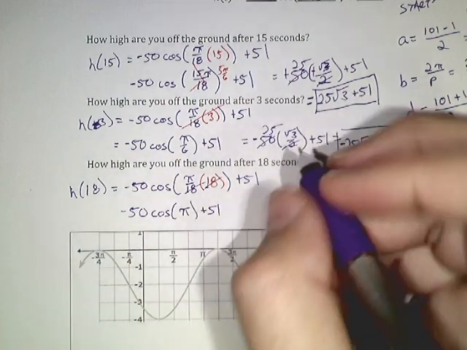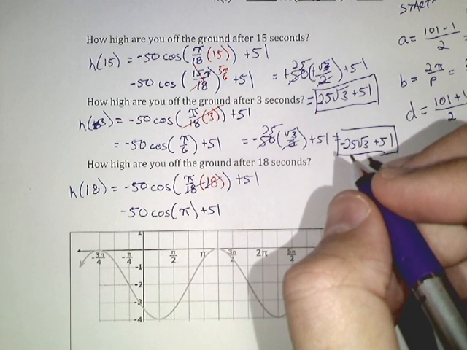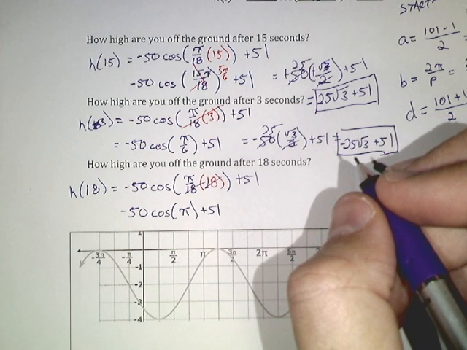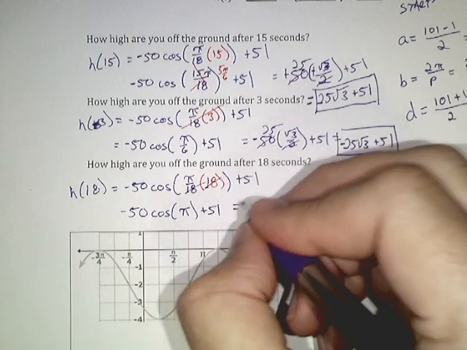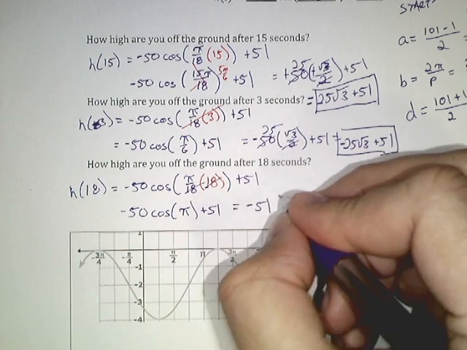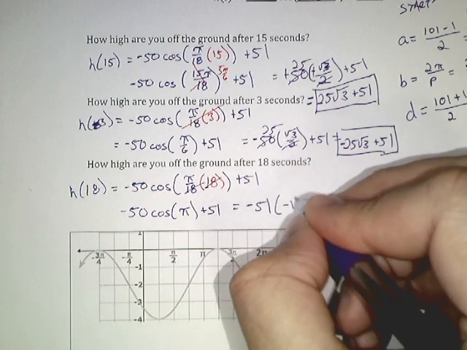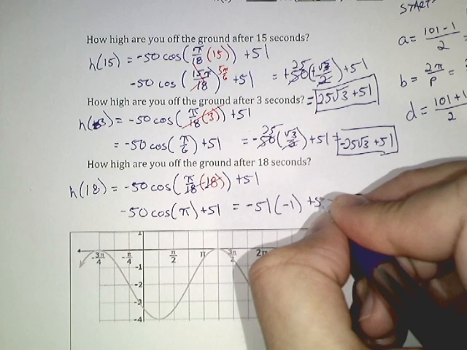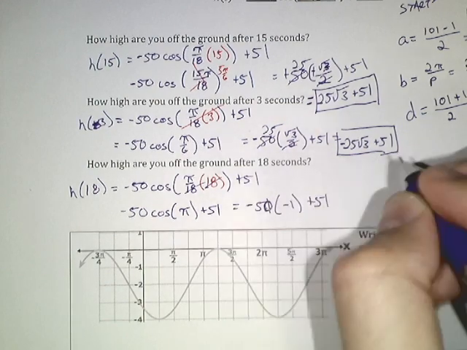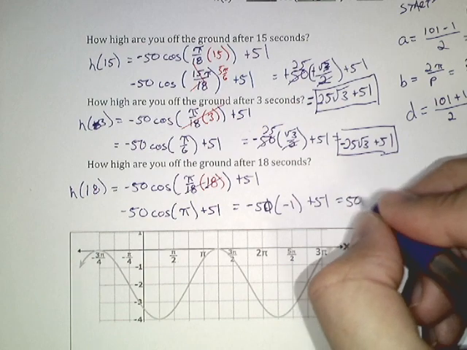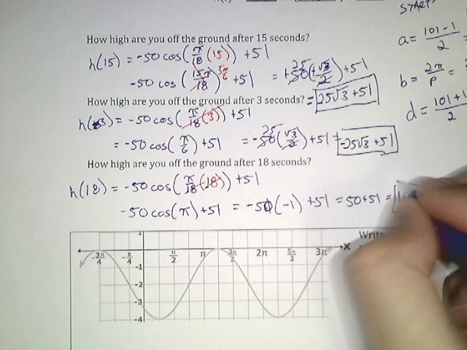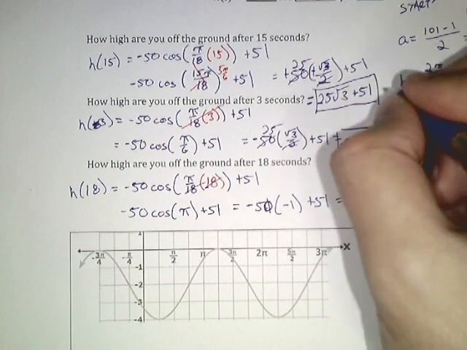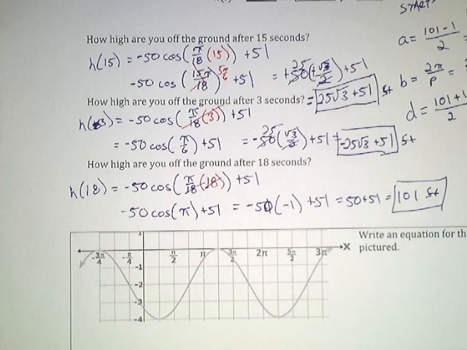Cosine of pi is negative 1. Oh, sorry, this should be negative 50 times negative 1, which is just equal to 50 plus 51, which is equal to 101 feet. All these are feet as well. Great, and we're done with those.